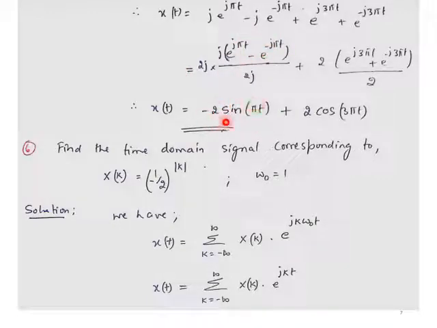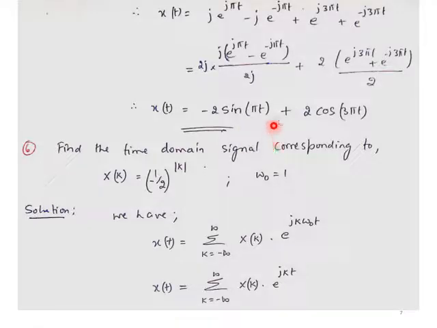So minus 2 sine pi t for the first set of terms together. For the second set I multiply and divide by 2, so 2 remains as it is, and e to the power j theta plus e to the power minus j theta divided by 2 is the cos theta term, so it is 2 cos 3 pi t. This is how we can find the solution for the impulse coefficients from the previous problem statement.